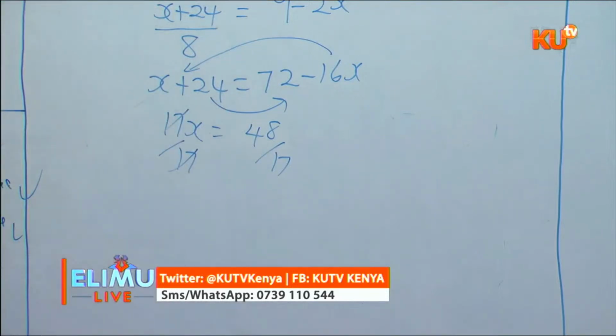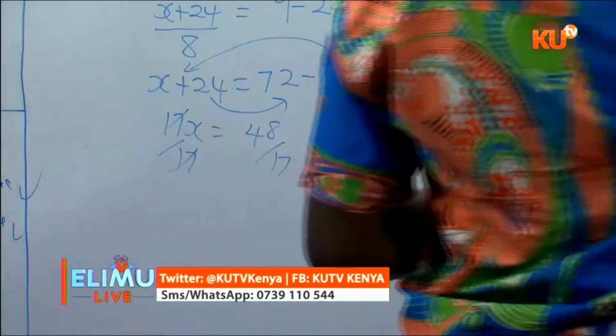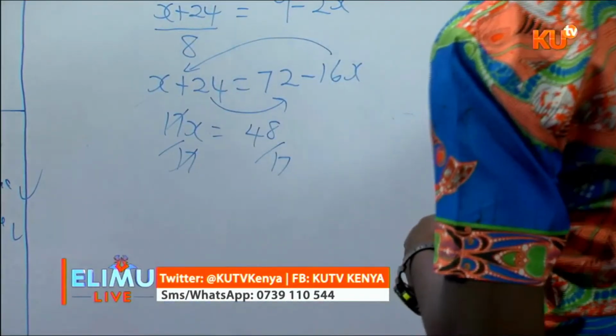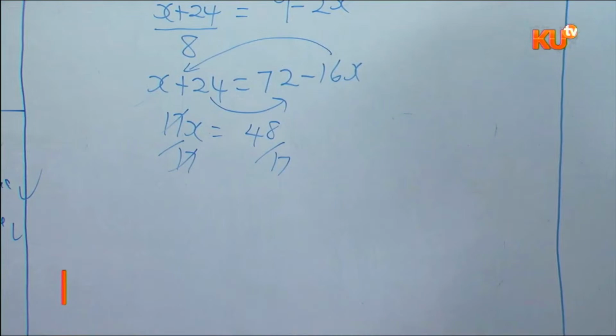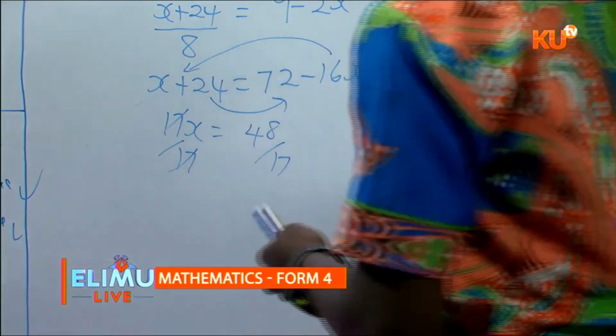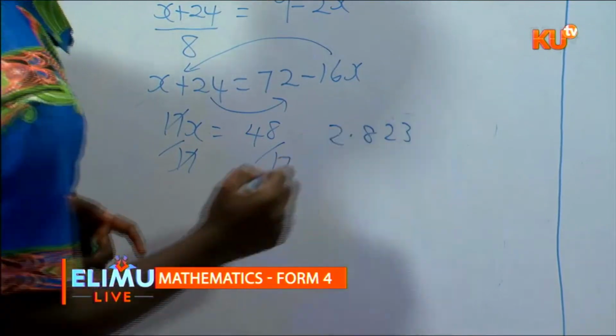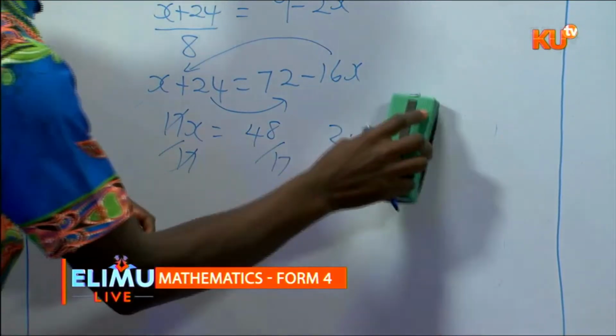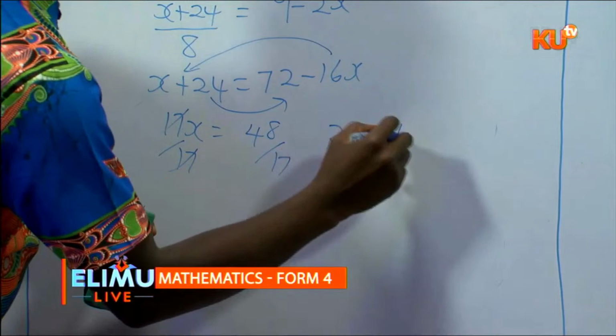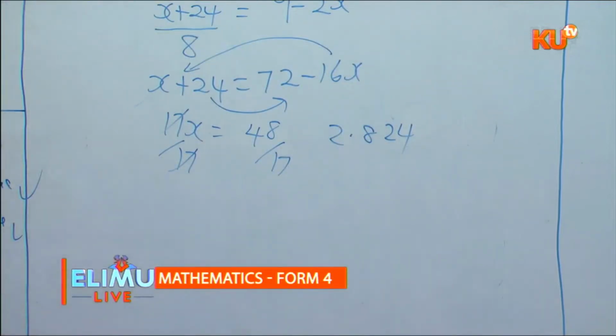That will cancel, so our x, to four significant figures, should be 2.824. That is to 4 significant figures.